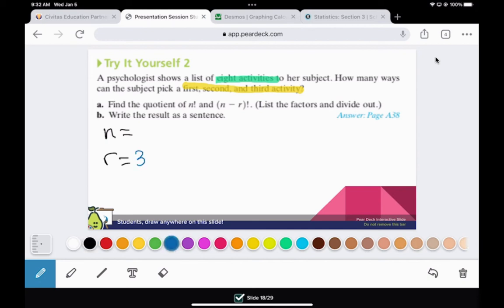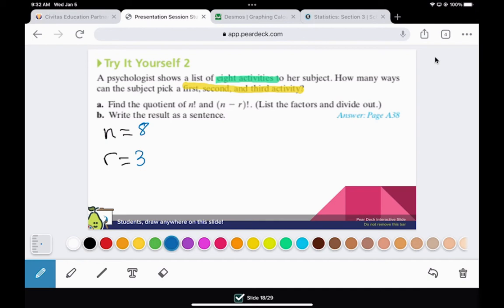Perfect. That's good. Thank you. So what about n? What is the total then? N is the total of all the activities. How many do we have total? 8. Yes, that is correct. Thank you, Miguel. Thank you, Donna. It is 8, right? That's the total.